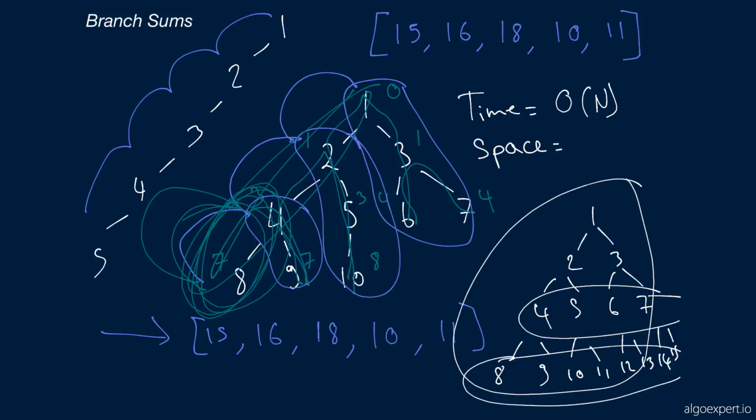So roughly n divided by 2, and n divided by 2 would be O of n as far as complexity analysis. So our space complexity is going to be O of n.